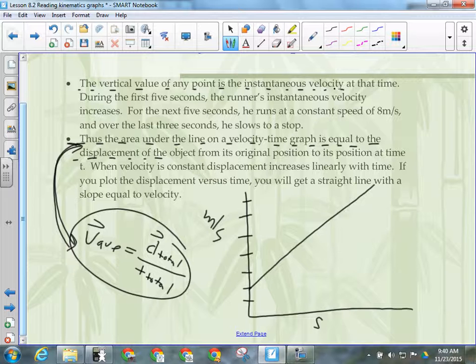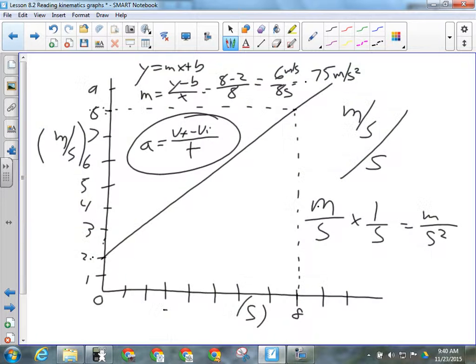Actually, you know what? We're going to go back and use this graph again, just because I want to redraw it, I've already got it drawn here. What's the total displacement of this object? Just because we've done one like it, but this one's got an extra little trick in it.